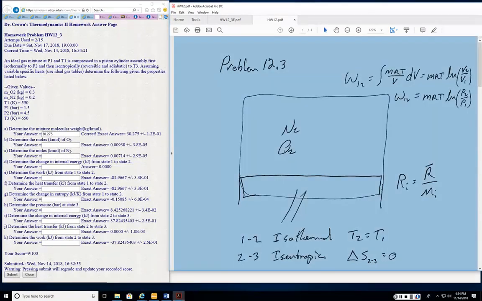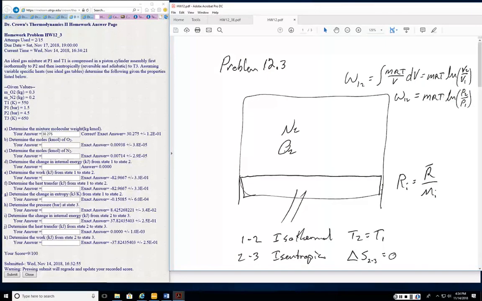Let me come over here and take a look at some notes I have on this problem. So the first thing I'm asked to find is the mixture molecular weight. It'll be the same procedure as in the first two videos. So since I have masses, I can sum the masses. So I have 0.5 kilograms as the total mass, and then I need to find the number of moles.